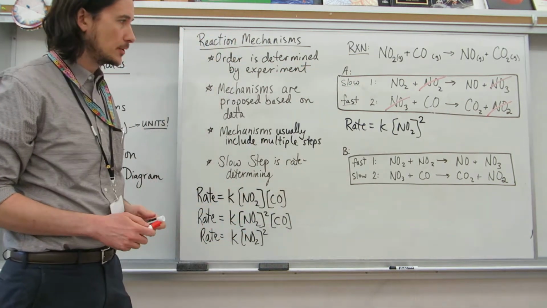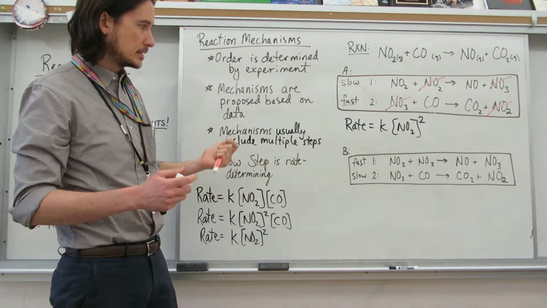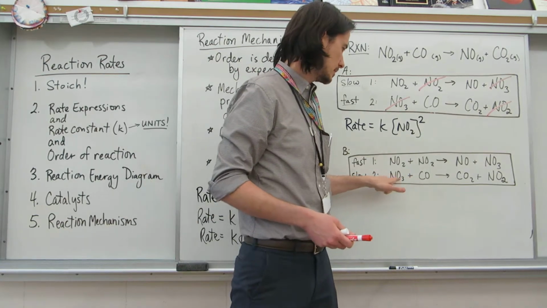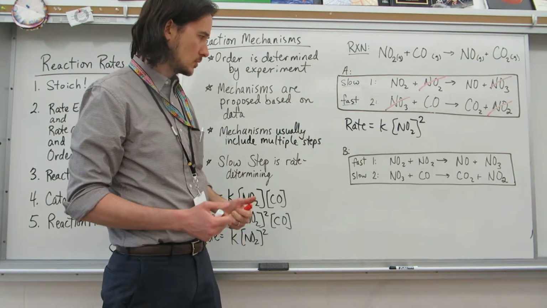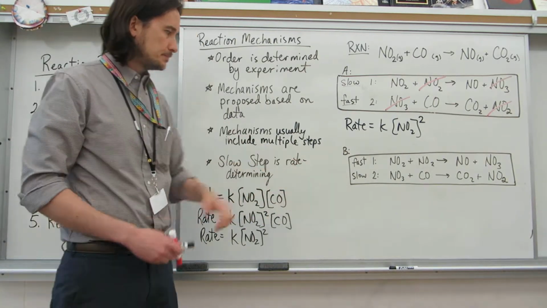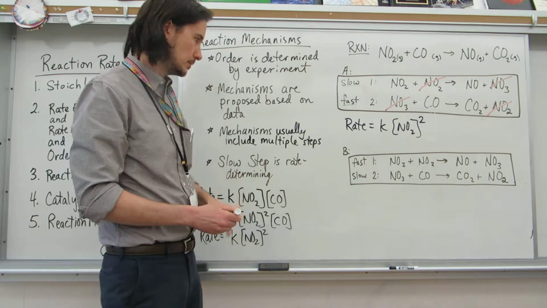All right, let's get to scenario B. So scenario B, we've got NO2 and NO2, again colliding, but that's fast. That happens very, very quickly, and then NO3 and CO combine, or collide. So this is our slow step. Well, what is the rate of step number 2?